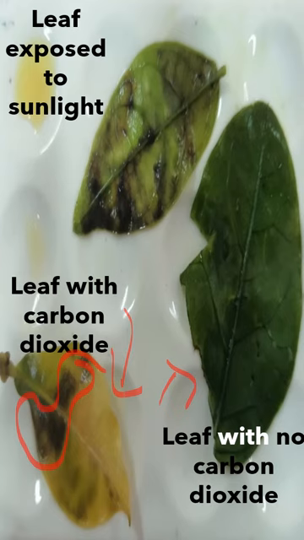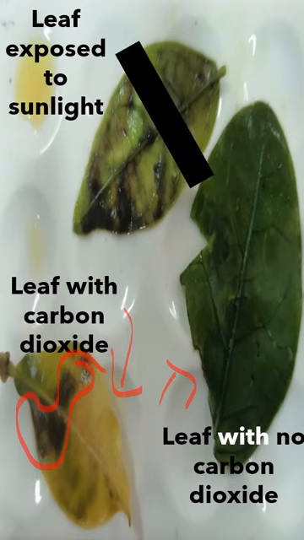And for this one, it is actually a leaf exposed to sunlight, but at this part we covered it with sugar paper, so sunlight cannot reach that part.